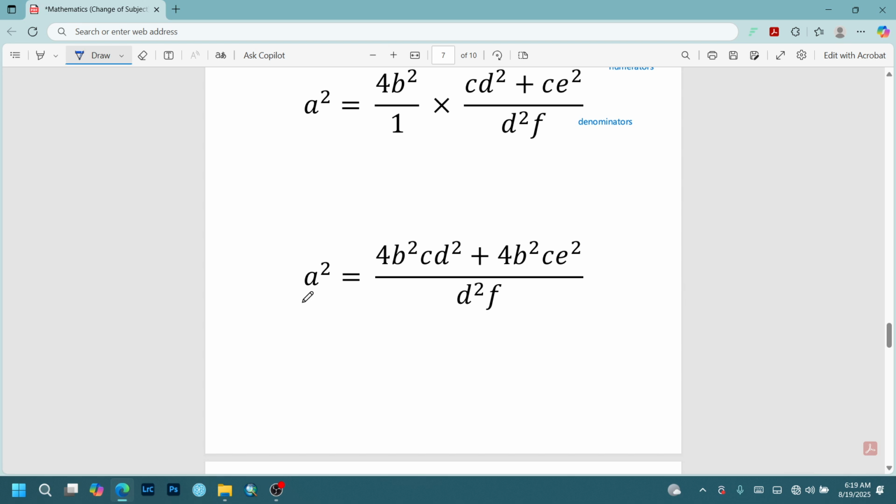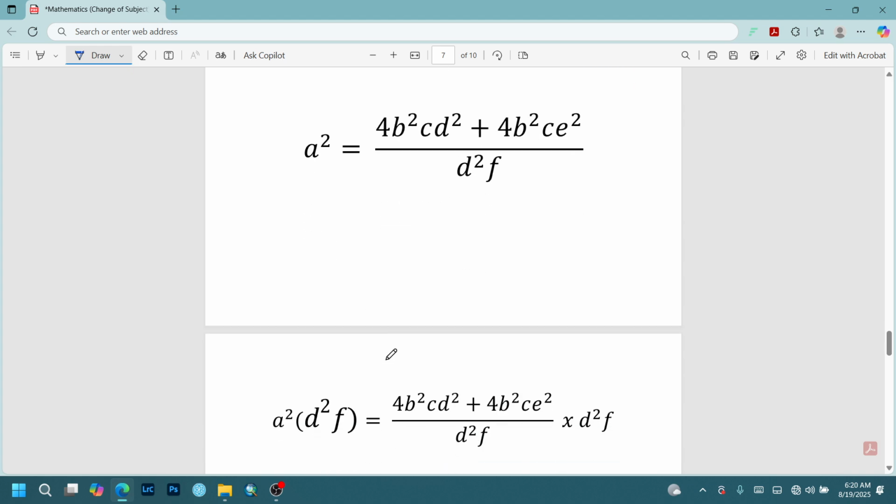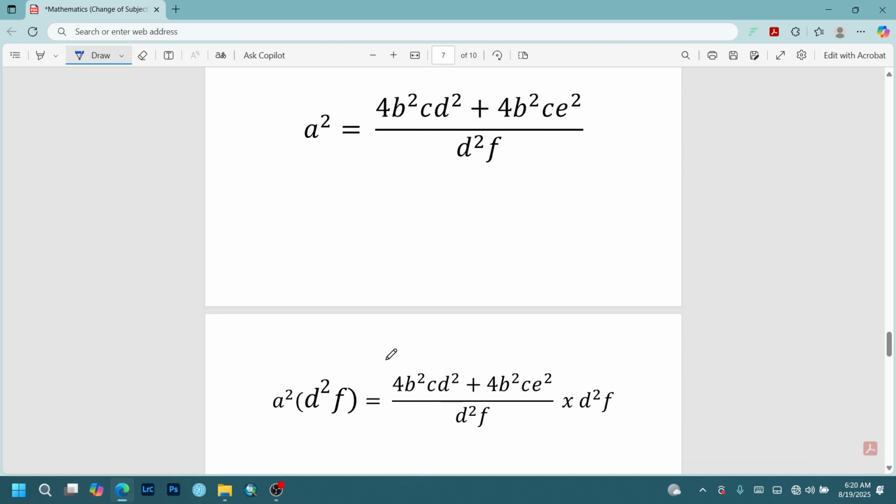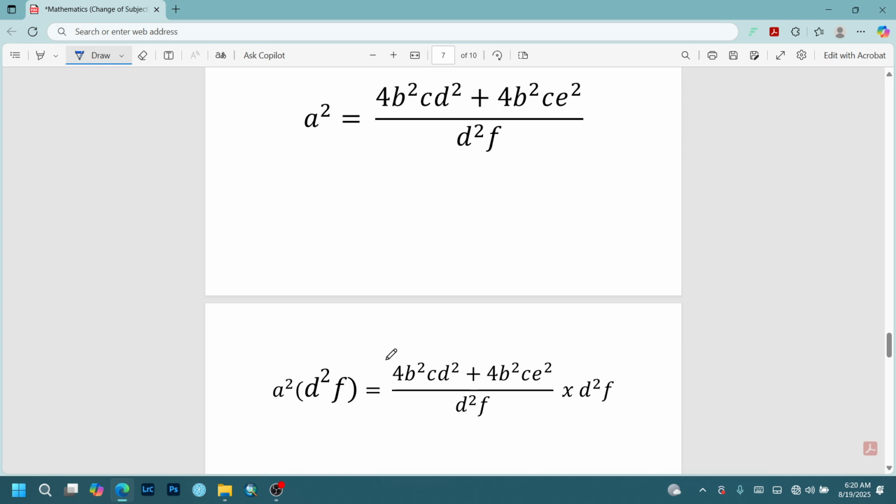And whatever you do for the left hand side, do the same for the right hand side. So we have to introduce a square root into the equation to eliminate the square here.